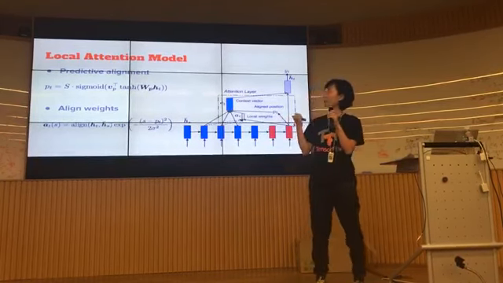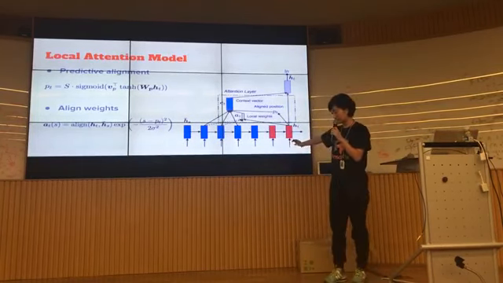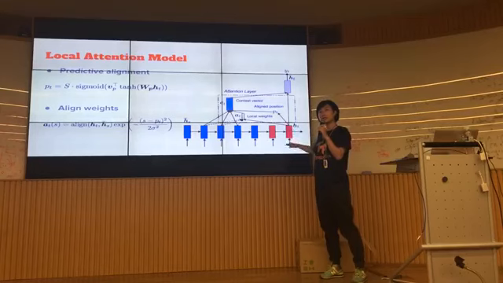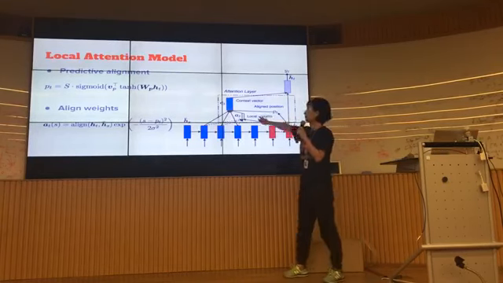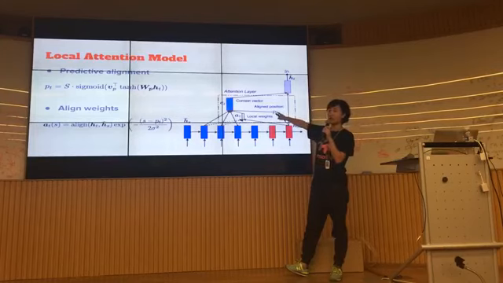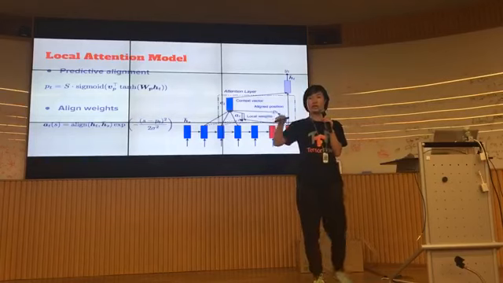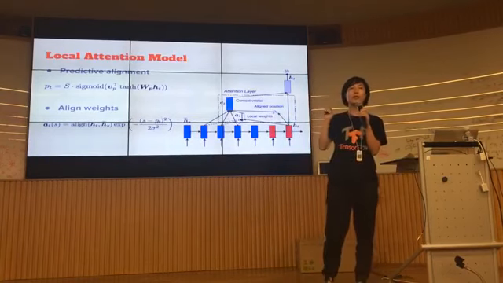First, you use the target hidden state HT to predict a position PT, called the aligned position. Depending on this PT, you find a window, and the window size is set empirically.